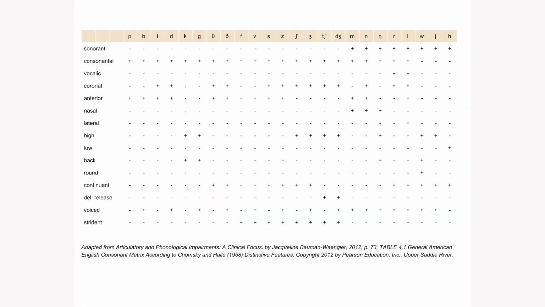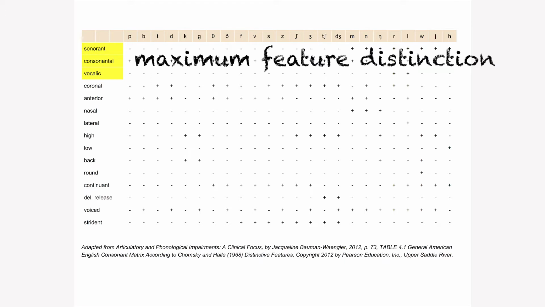If we go back to our distinctive feature matrix, our major class features are sonorant, consonantal, and whether they're vocalic. If we are getting a difference between those 3 things, then we have a maximum feature distinction.